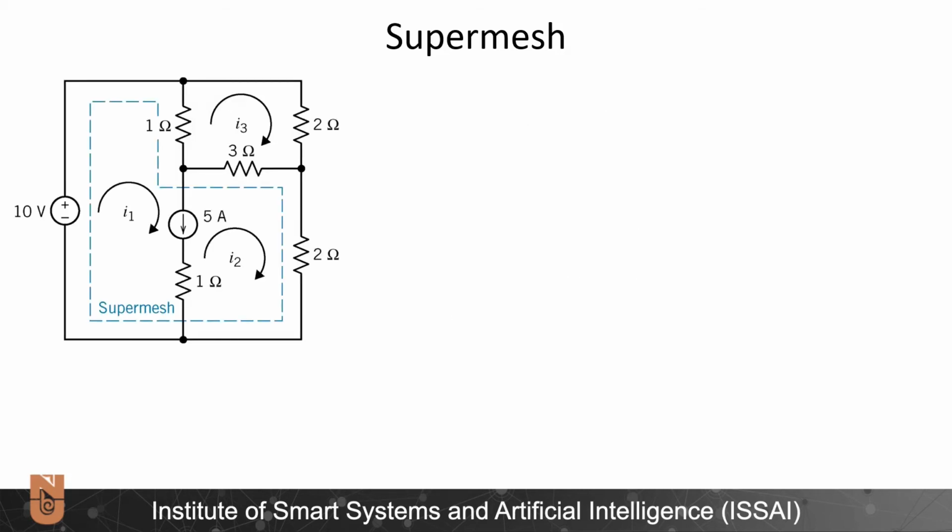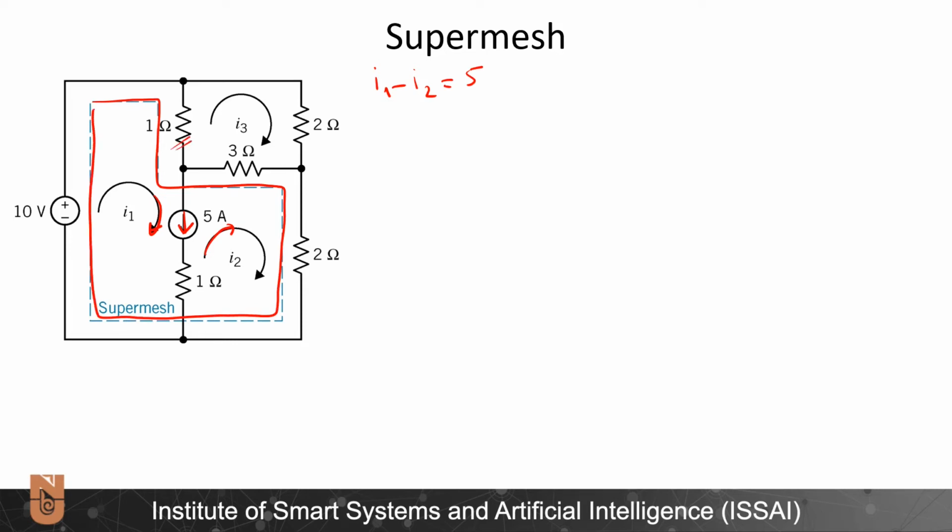Alright, let's solve this one using mesh currents method. The simplest one I can write is I1 minus I2 is equal to 5 because I1 is going this way, I2 is going this way, and 5 amperes have the same direction with the I1. Secondly, I can write the mesh equation. This is the mesh.